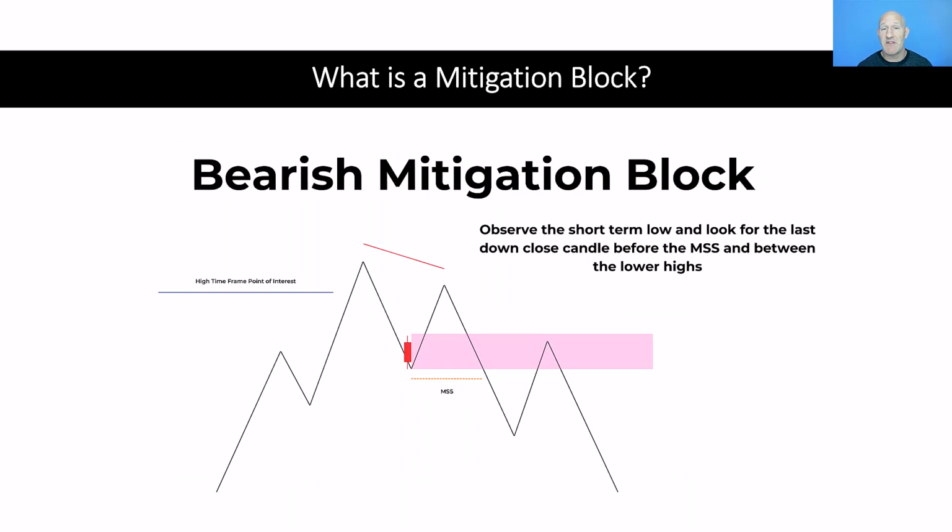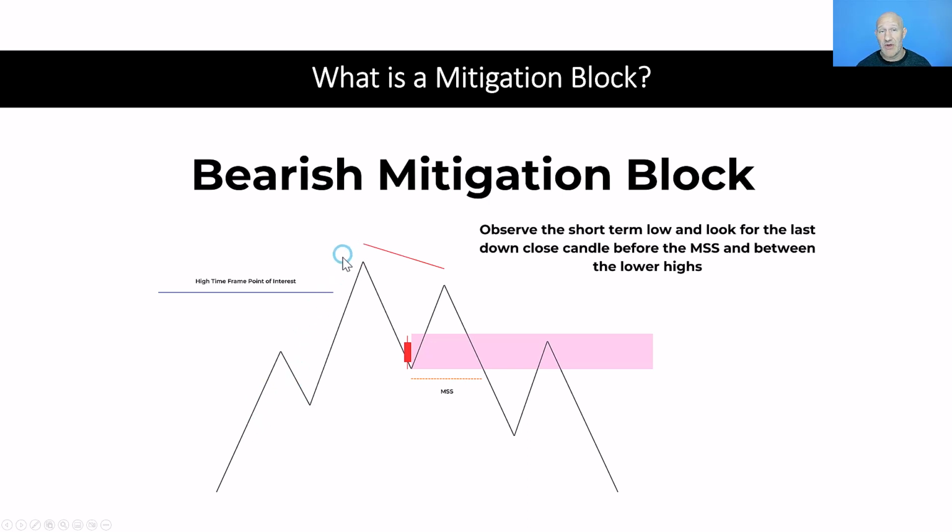In this next part of the video, we're going to start stepping into the theory and talk about what is a mitigation block. If we look at the price action mapped out on the slide, you'll see we have a high time frame point of interest. We generally have our trade framed around a high time frame point of interest, be that a previous high or an imbalance, somewhere where there's going to be buy side liquidity residing. You'll see the market trading up towards that point of interest, so we're in a bullish trend.